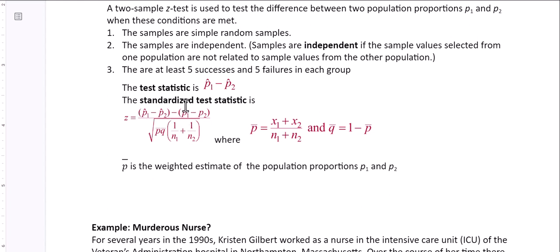P with nothing on it refers to the population parameter. Notice that here you have a p bar. So what is p bar? P bar is what's called the weighted or pooled estimate of the population proportion. So let me add that in: the pooled estimate of the population proportions p1 and p2.